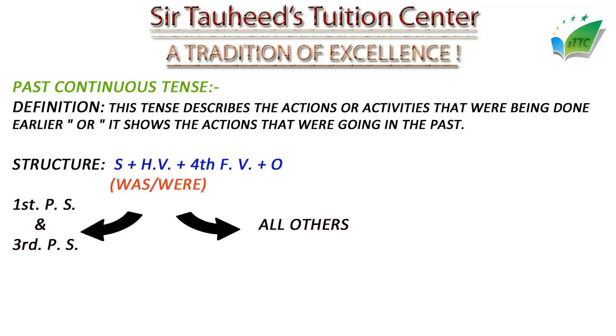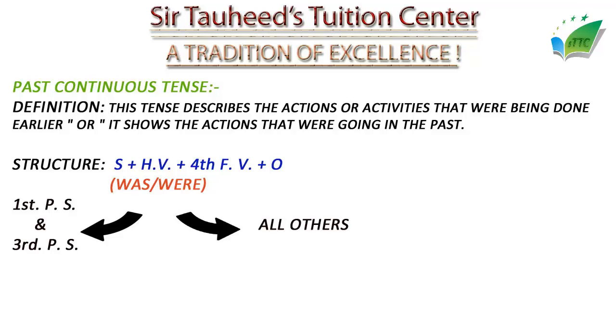After the helping verb, in the third place we use the fourth form of the verb. Fourth form of the verb means the present participle form of the verb, which is sometimes called the ing form. It means we use the first form of the verb plus ing, then it becomes the fourth form of the verb.